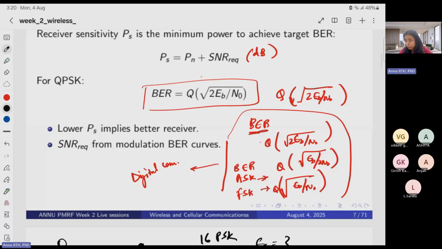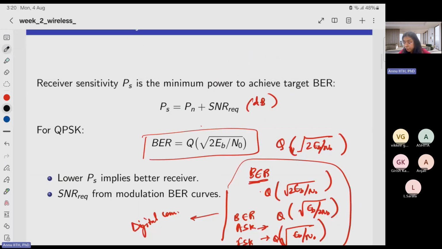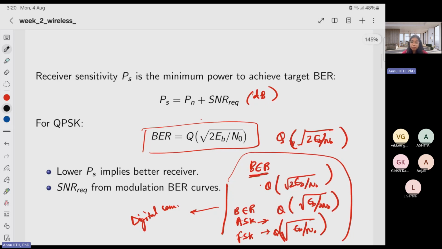Here the minimum receive power is PN plus SNR required. That is why I wrote SNR required: what is the minimum signal strength required to decode the signal? Suppose I am having a phone. If you check the specification, every phone has a receiver sensitivity. That is the minimum power to achieve the target BER. Lower Ps implies a better receiver.